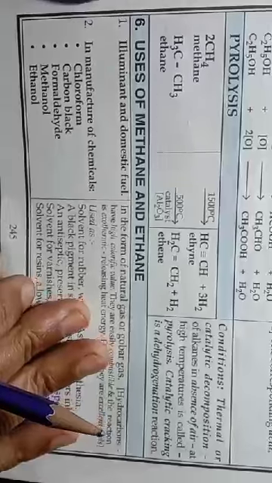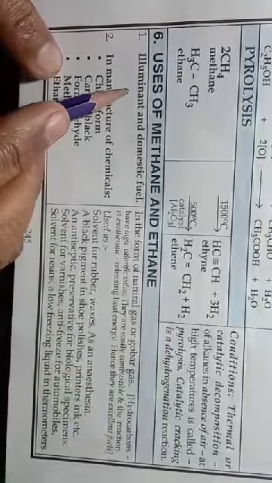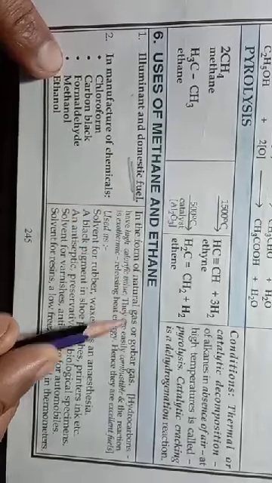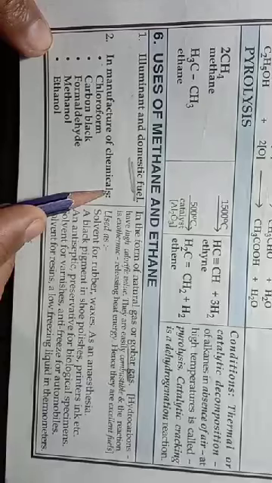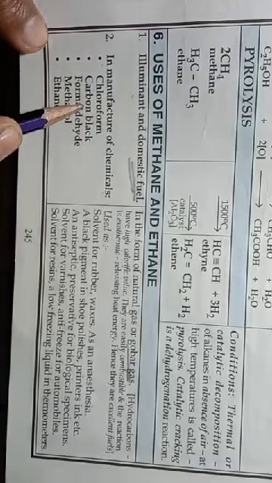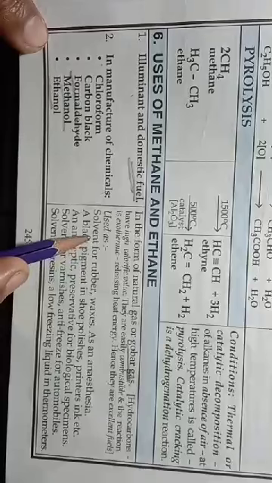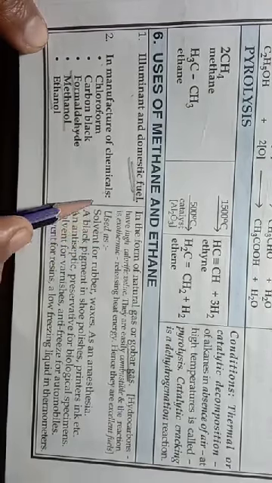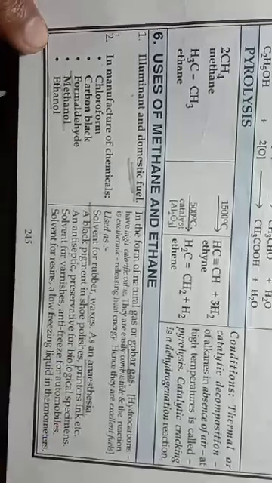Then the next heading is uses of methane and ethane. Illuminant and domestic fuel in the form of natural gas or gobar gas, and in manufacture of chemicals like chloroform, carbon black, formaldehyde, methanol, ethanol, etc. Chloroform is used as a solvent, for waxes, and also as an anesthetic.